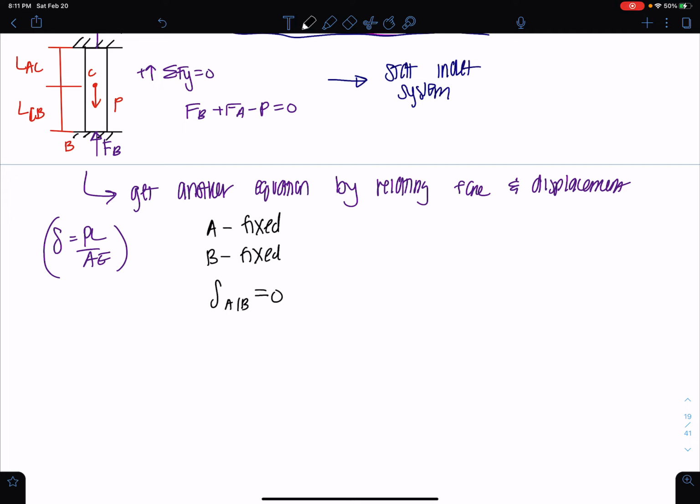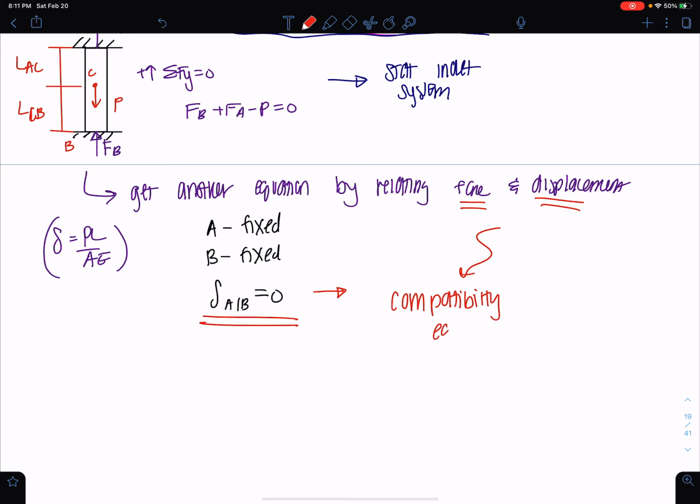Any extra equation like this that relates force and displacement, we call a compatibility equation. And for this case, delta A with respect to B is 0.